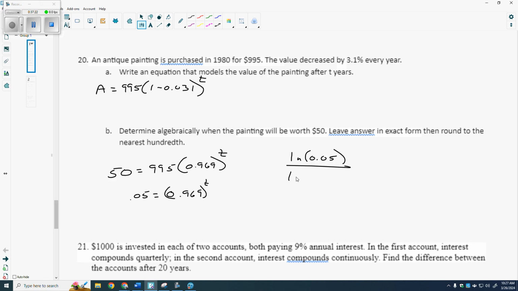Divided by, notice I kind of skipped a step there, but I think we should be getting better where we can do that. It's always going to be that natural log of that divided by the natural log of that, or common, either one. Final answer, number 20, should be 94.97 years.